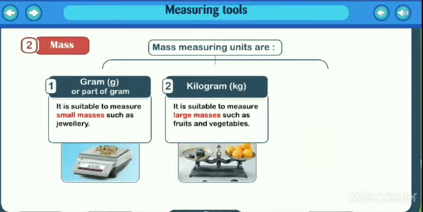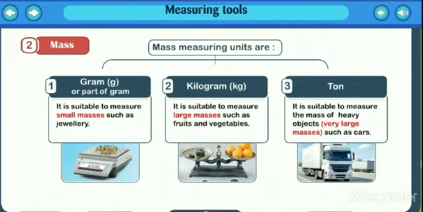It's suitable to measure large masses such as fruits and vegetables, such as tomatoes, bananas, apples, cheese, and what else. The third unit of mass is called ton. It's suitable to measure the mass of heavy or very large objects, such as cars and elephants.